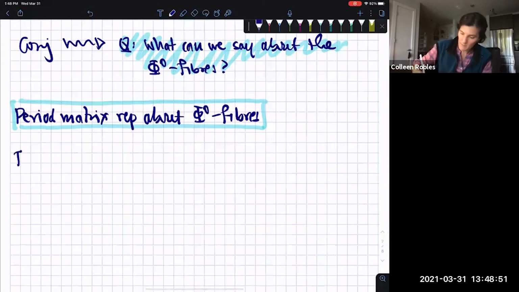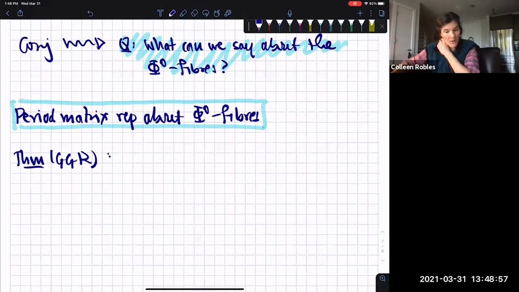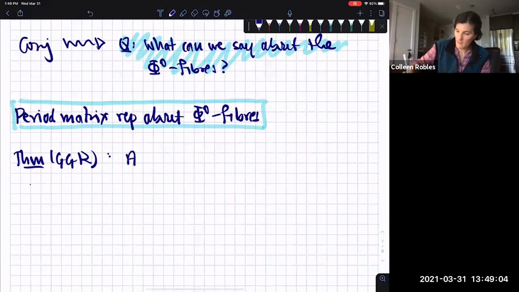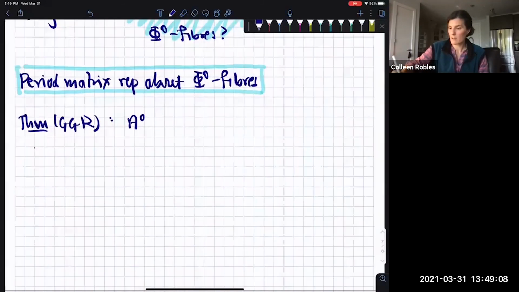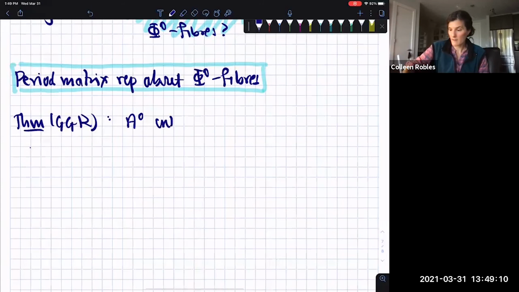So the theorem is the following. So let A naught be a connected component. Okay, it's necessarily compact.